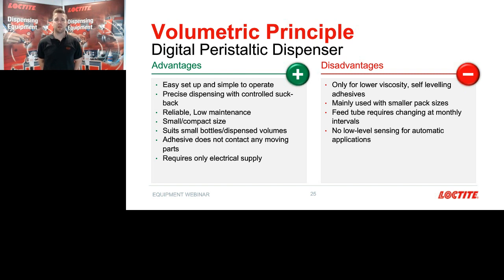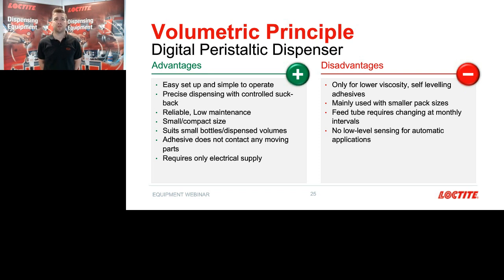So we're able to set all the parameters and save them under a particular program number. And then let's say you had a second component that was slightly different, you needed a different flow rate or a different quantity of adhesive. You could then set up those parameters under a separate program number. So when you want to switch between components, you're able just to switch program numbers rather than change all of the settings every time.